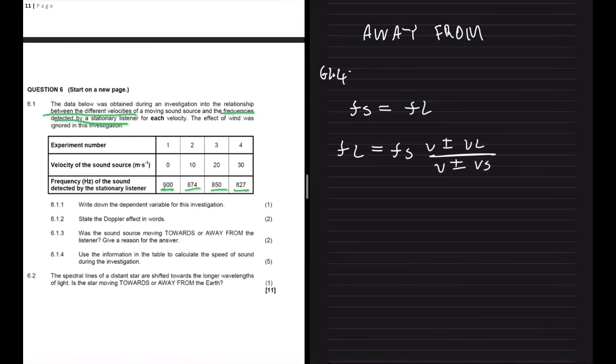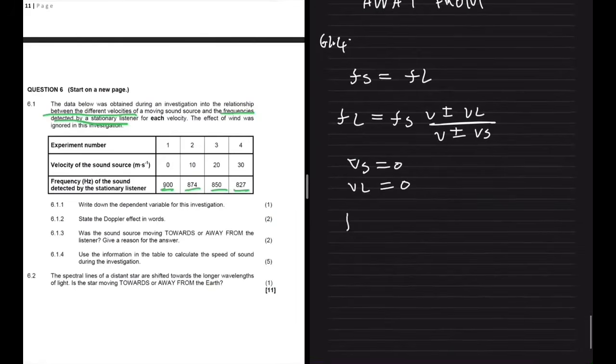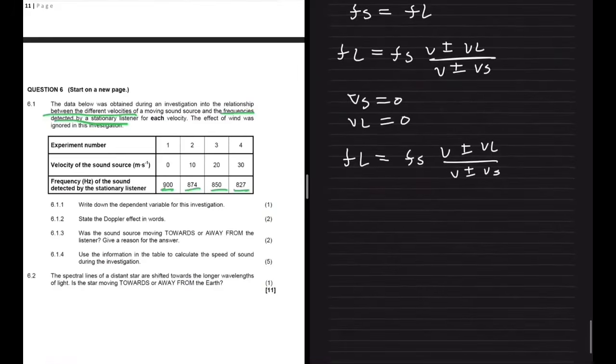In experiment 1, the velocity of the source is 0, and the listener is stationary, so the velocity of the listener is 0. Then fL equals fs multiplied by (v plus or minus 0) divided by (v plus or minus 0).